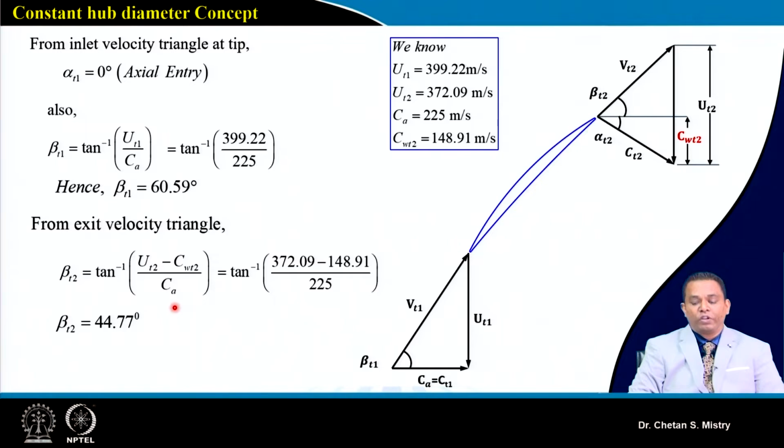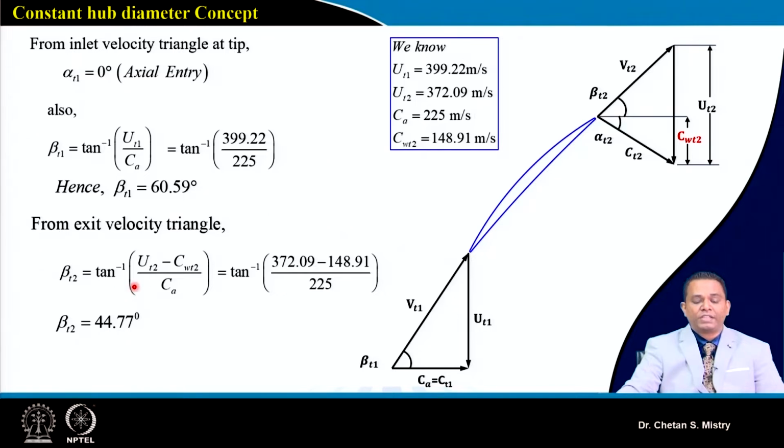Based on trigonometry, we can calculate the angle at entry as well as exit. My beta 1 is given by tan inverse U by CA. Since we know my tip diameter at the entry and axial velocity, that gives my beta 1 as 60.59 degree.